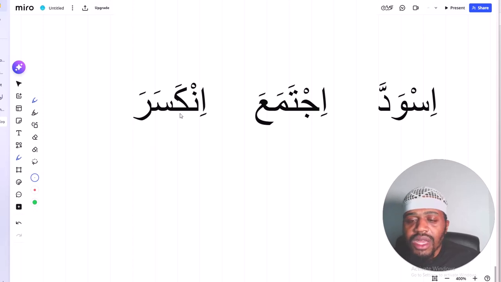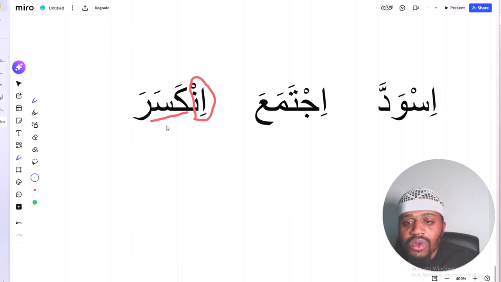So here we have the word inkasara. So when it looks like this, then all you need to know is that the hamza and the noon sakina are additional letters. Okay, these two are additional. Okay, and the original word is kasara.